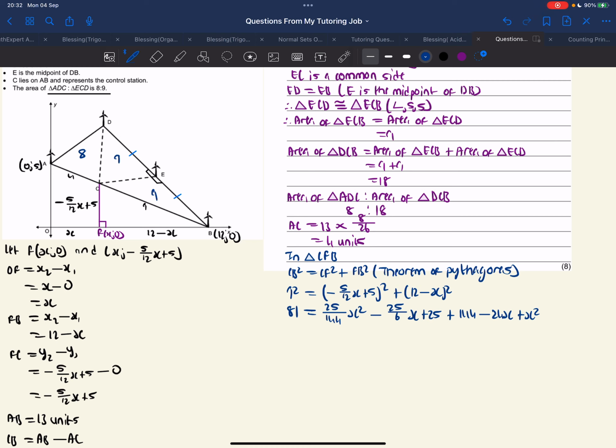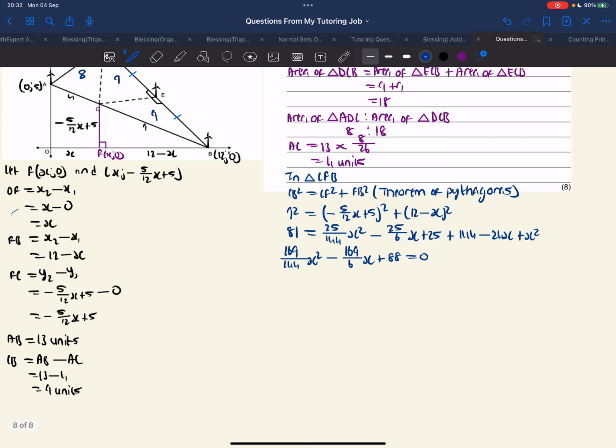So I'm going to say 25 over 144 plus 1, which is going to be 169 over 144 x squared, minus 25 over 6 minus 24, which is going to be minus 169 over 6 x. Then it's going to be 25 plus 144 minus 81, which is going to be plus 88 equals 0.